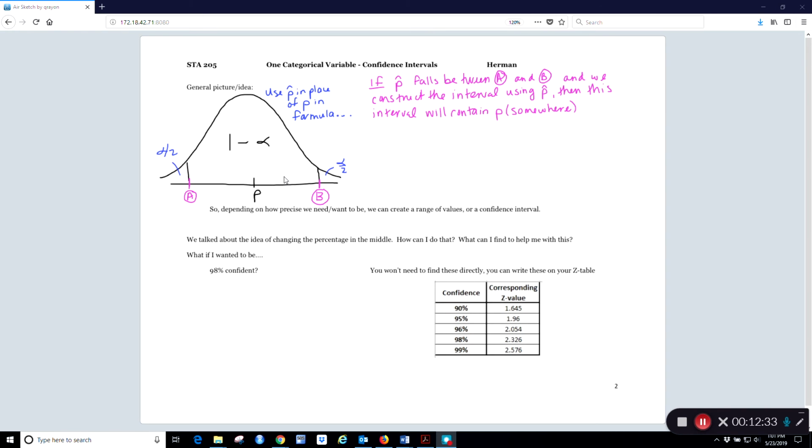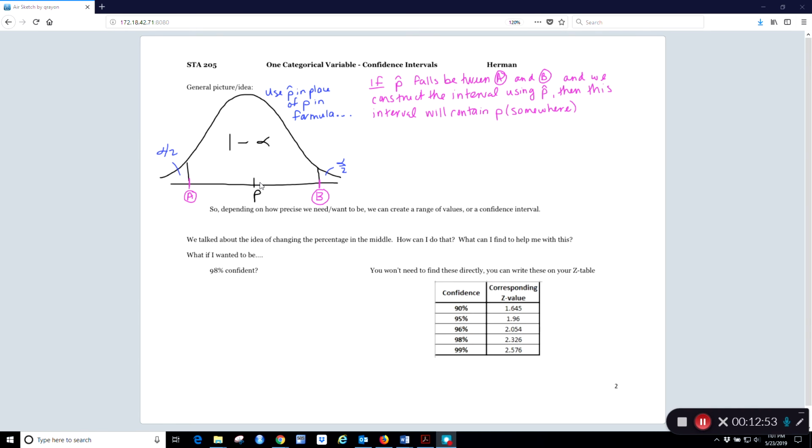Now if my P hat happened to be here, that interval is going to easily contain P. If I'm way out here, it's going to barely contain it, but it's going to be inside of that interval. But that's only true if P hat happens to fall between A and B.